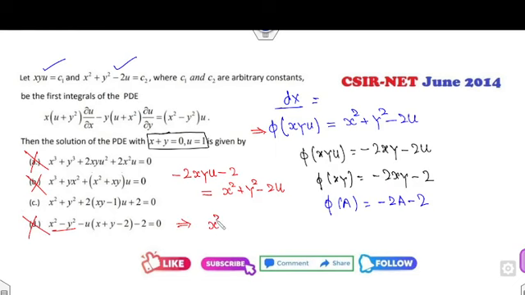If you simplify them, it's x square plus y square minus 2u common. It will be xy minus 1, minus minus plus 2. xy minus 1 minus 2. So C is my correct answer of this problem.